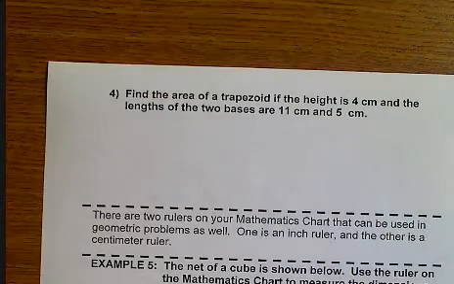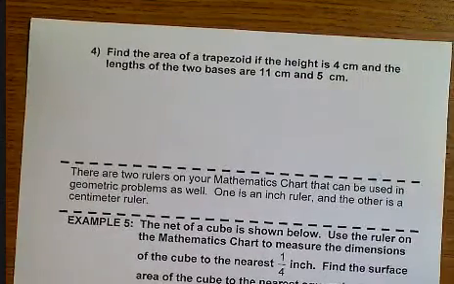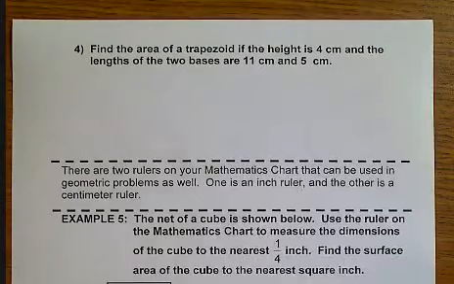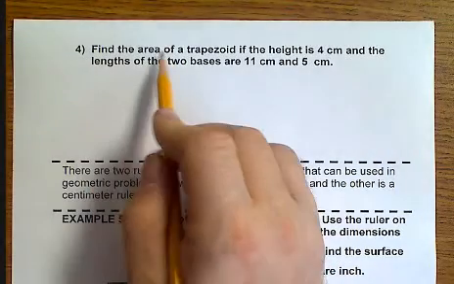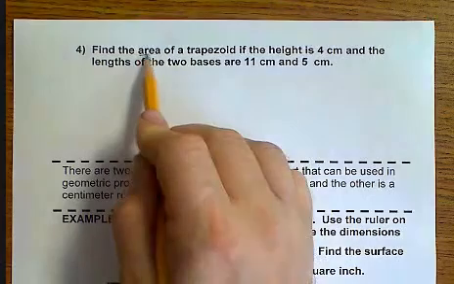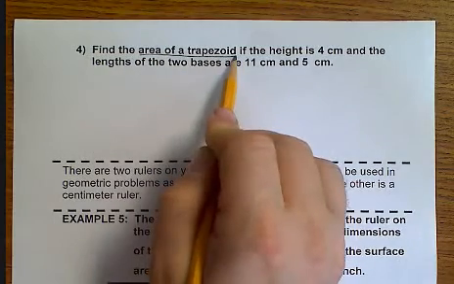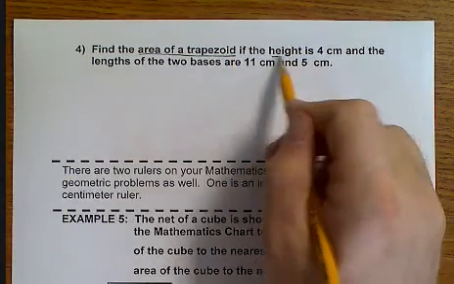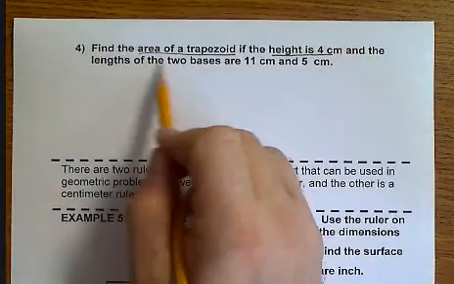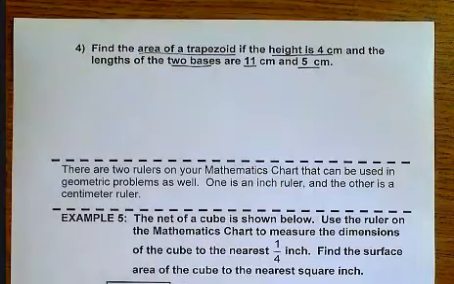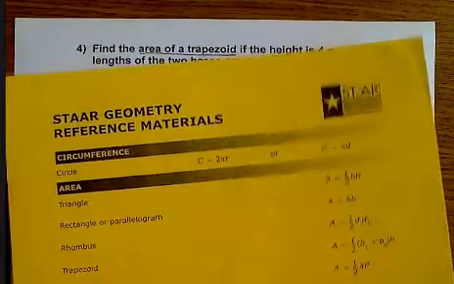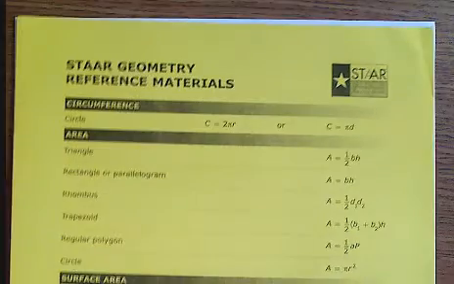Let's go ahead and have a look at these next 2 problems. Number 4, same thing we've been doing, but this time we've got a little bit more complicated. We're looking for the area of a trapezoid. The height is 4, and the 2 bases are 11 and 5. So we pull up our chart.